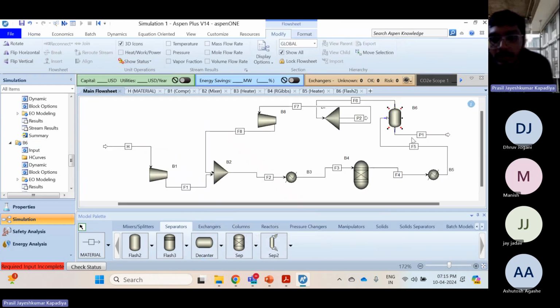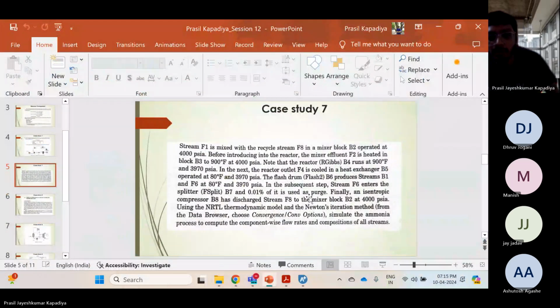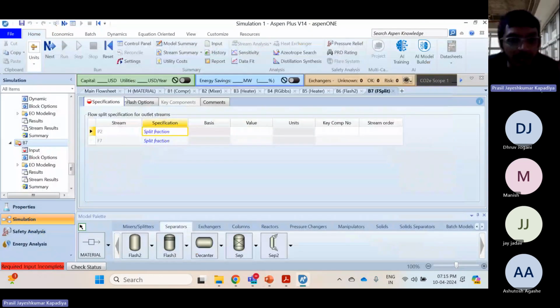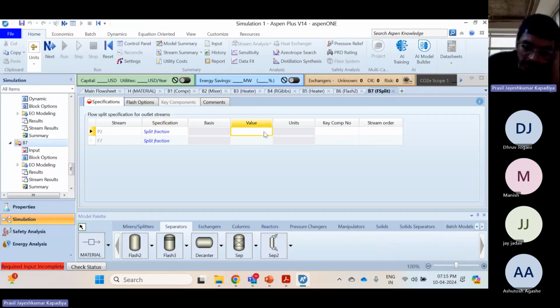Okay, this is the flash drum. Now for the splitter, what is told? 0.01% of it is used as purge, which will be the purge stream P2, right? And it is 0.01%.